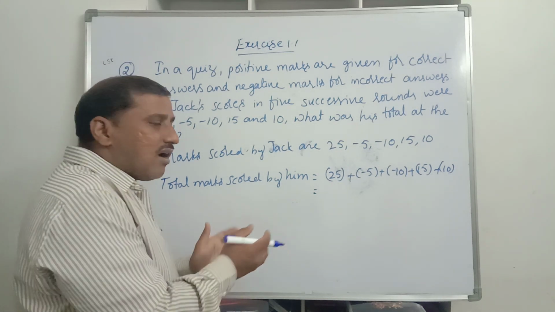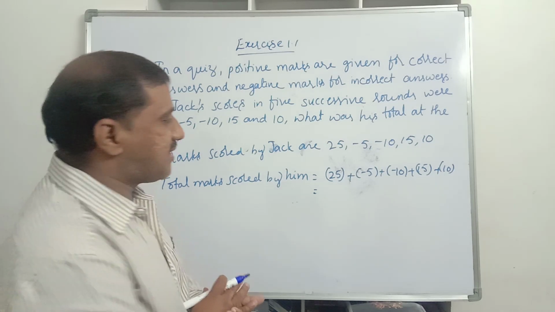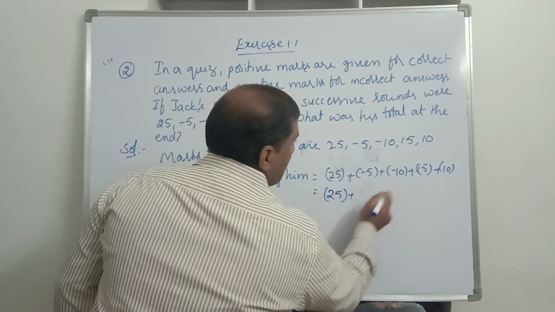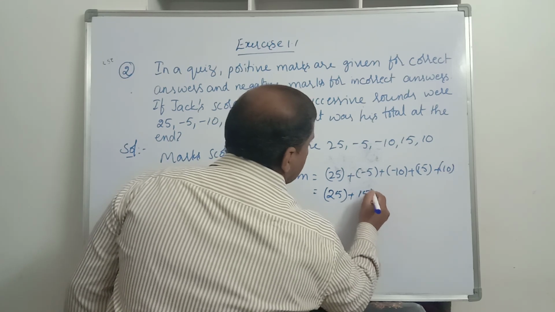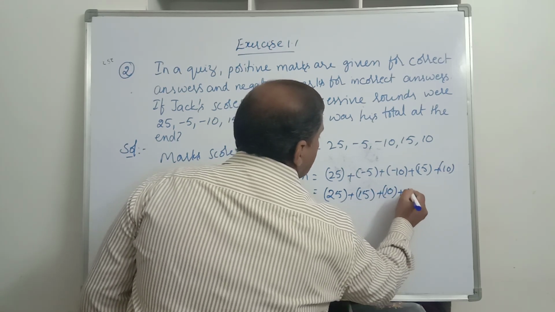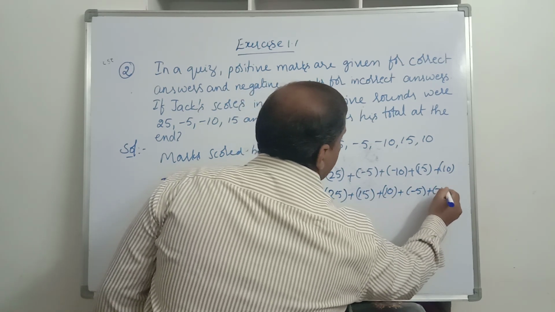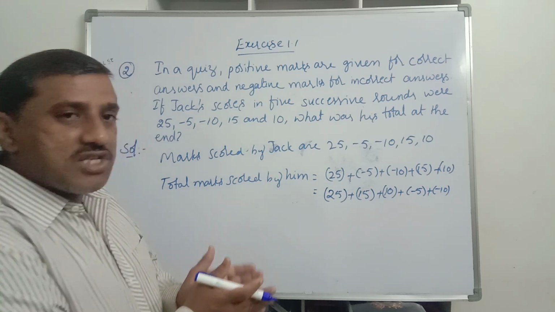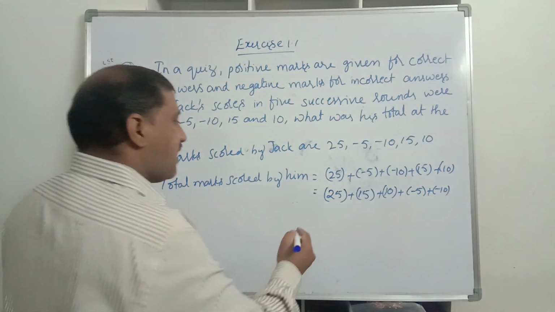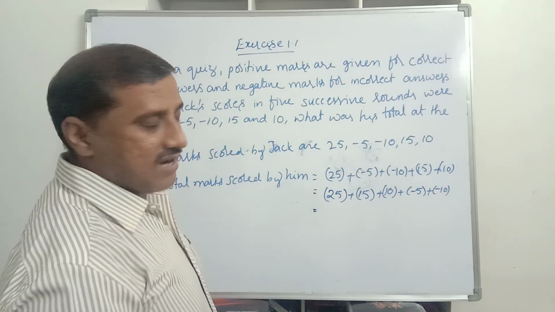Write all positive integers at one place and all negative integers at another place. So 25, 15 and 10 are positive integers, and the negative integers are minus 5 and minus 10. Then add all positive integers and add all negative integers.